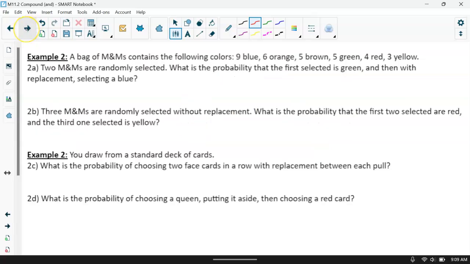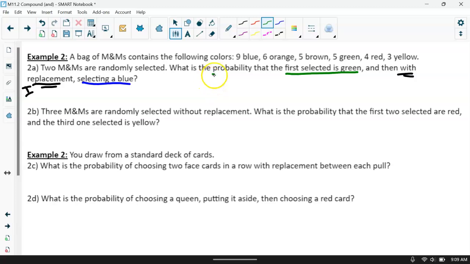It doesn't change. Now let's get into some probability. 2 M&Ms are randomly selected. What is the probability that the first selected is green and then, with replacement, what does that mean? Independent, right? You put it back, then selecting blue. What is the probability of selecting green?